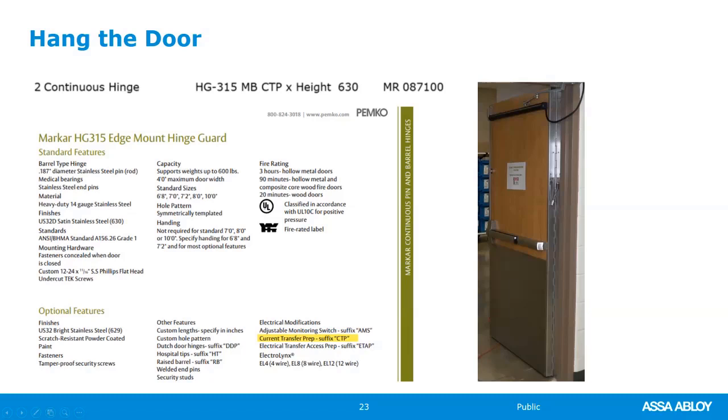Instead of having through wire through the hinge itself, this allows the wires to be a little bit thicker, which for the inrush of power that you need for this exit device to retract the latches in a high frequency opening, is more recommended because of the use and the inrush. The MB is the medical bearing for the mortise hinge.